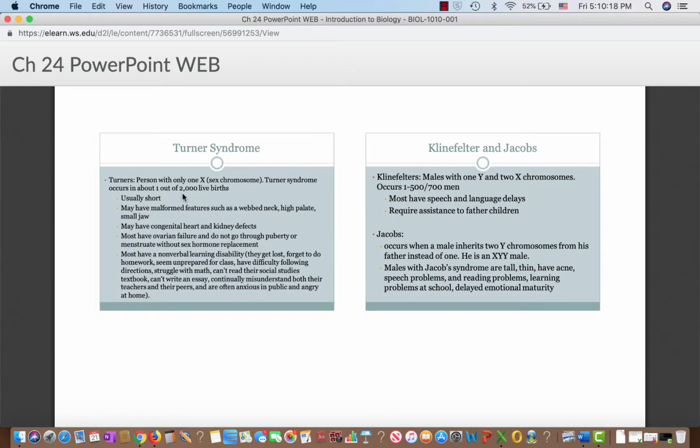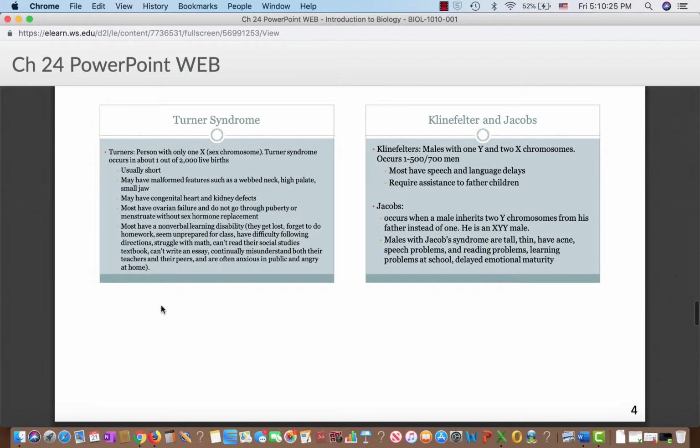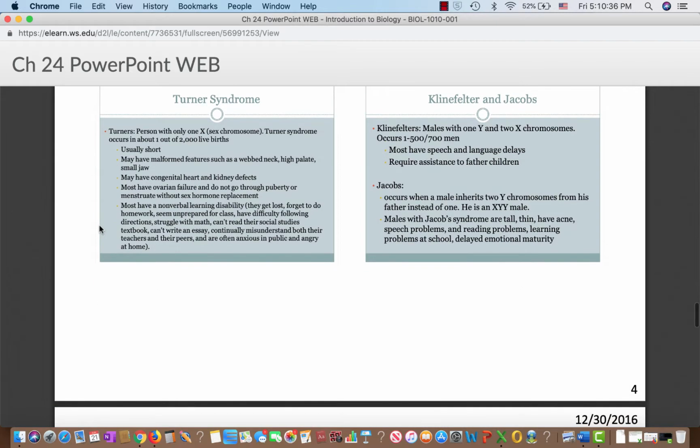So Turner syndrome, a person with a single X chromosome, about 1 in 2,000 live births, so not terribly uncommon. Usually short stature, malformed jaw, web-necked, high palate, tend to have heart and kidney defects. Their ovaries fail to develop properly and they do not go through puberty without sex hormone replacement.